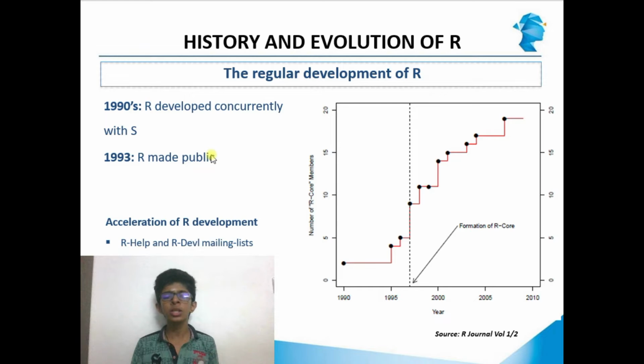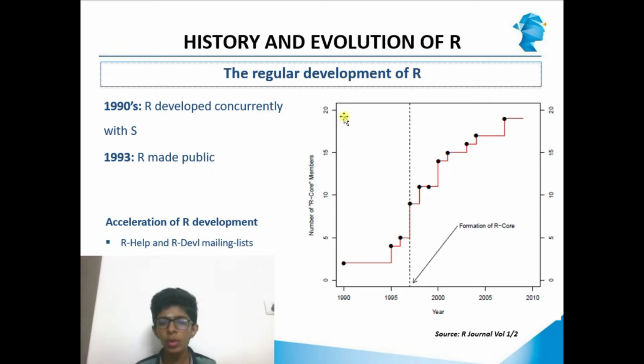It was developed concurrently through the 1970s, and in 1993 it was made public. The acceleration of R development was helped by mailing lists and the creation of the R core group. Here you can see the table showing R development.